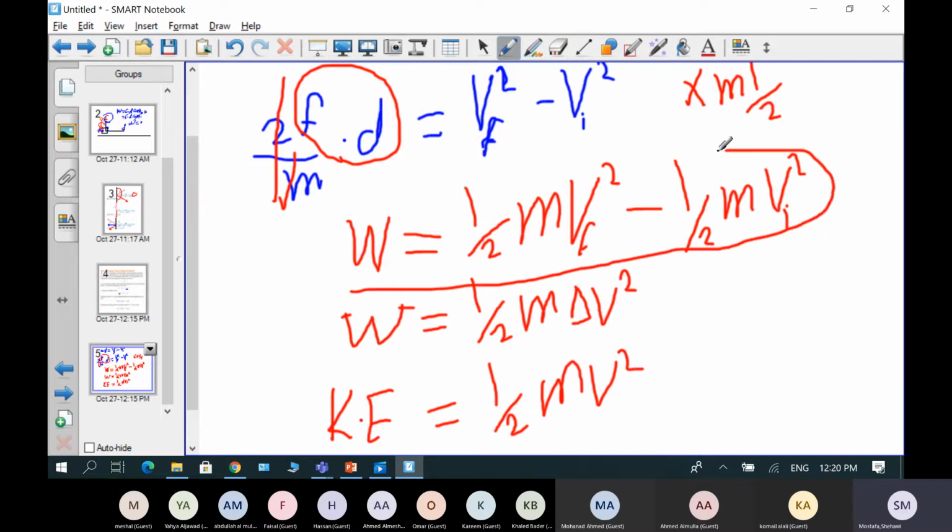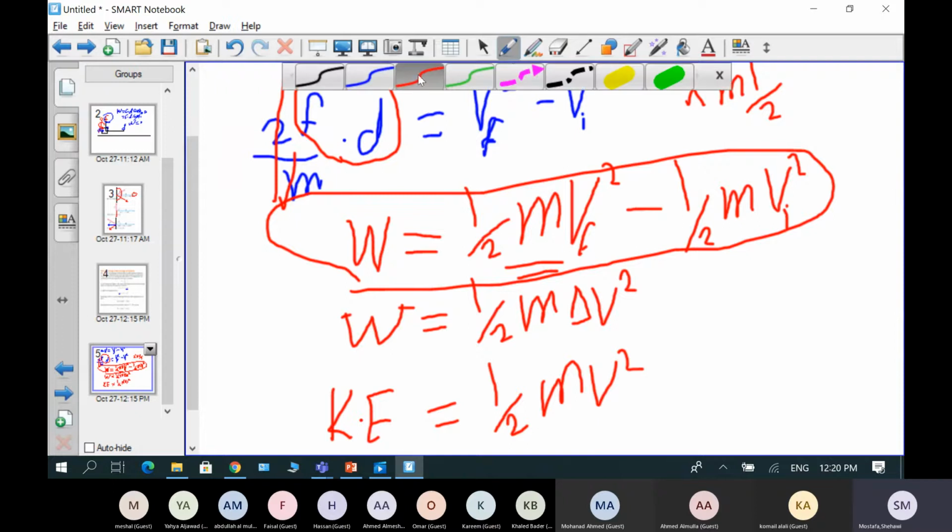This relation we call the work-kinetic energy theorem. Work is equal to the change in the kinetic energy. This is kinetic energy. Okay, guys? So we can say that work equals final kinetic energy minus initial kinetic energy.